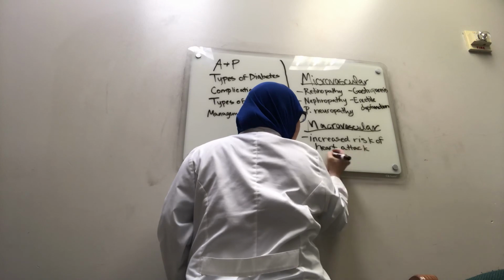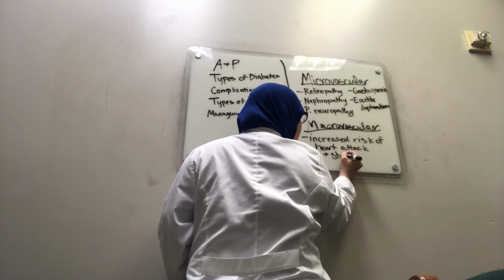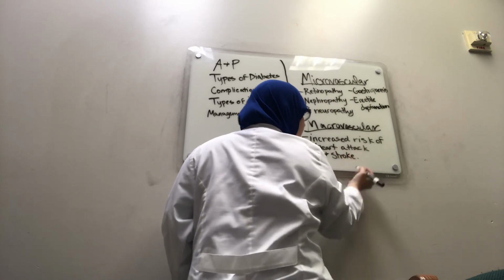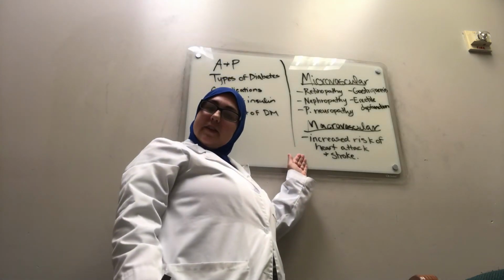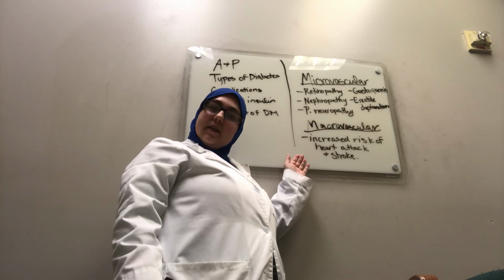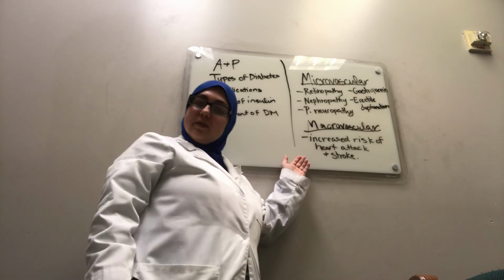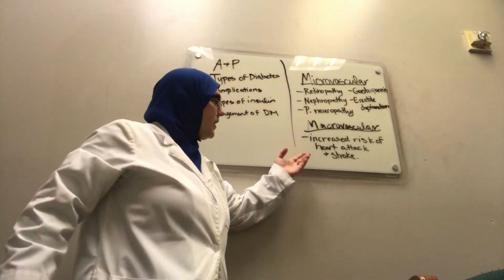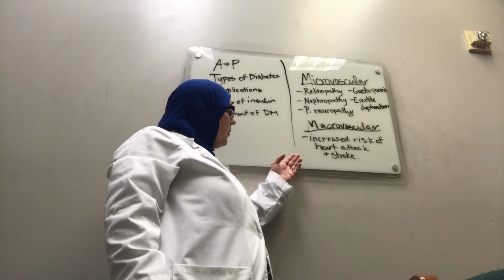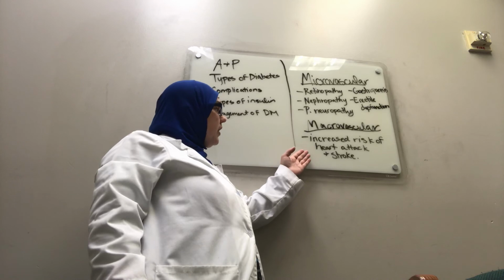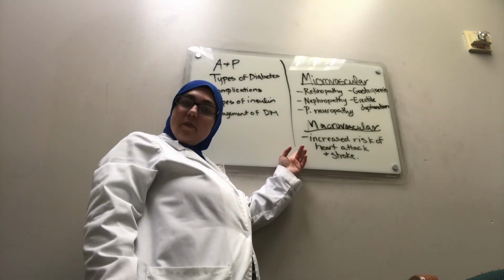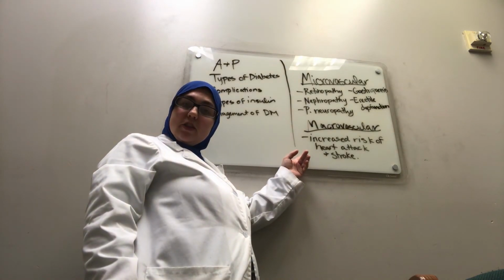So if your patient came in with a heart attack, are they already at an increased risk of having a second heart attack? Yes. If they came in with a stroke, are they at an increased risk of having a second cardiovascular event? Yes. Any cardiovascular event puts them at risk of having another one. What can we do to help prevent that from happening? We can keep their blood sugars controlled.